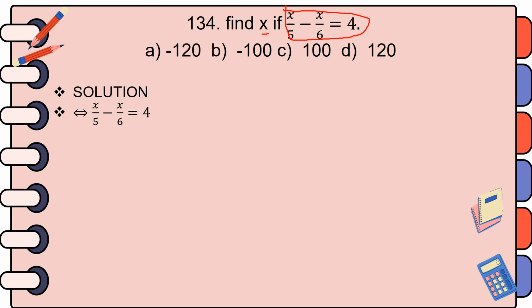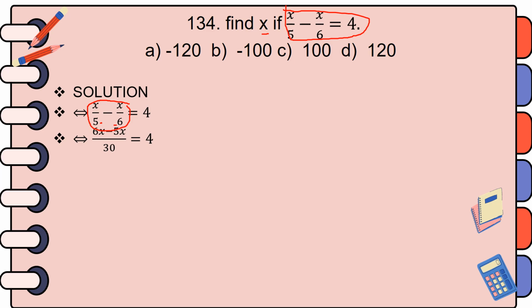Now you can rewrite this by finding a common denominator for the numbers 5 and 6. That means the common denominator is 30. Then 30 divided by 5 is 6, and 6 times x is 6x. And minus, 30 divided by 6 is 5, and 5 times x is 5x.